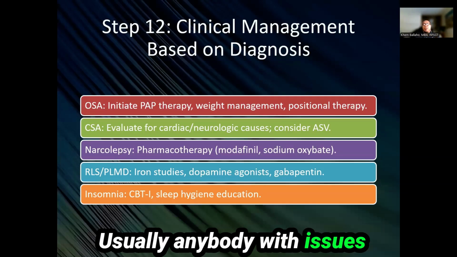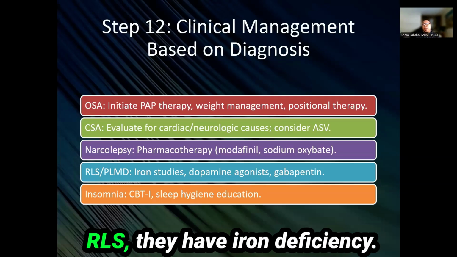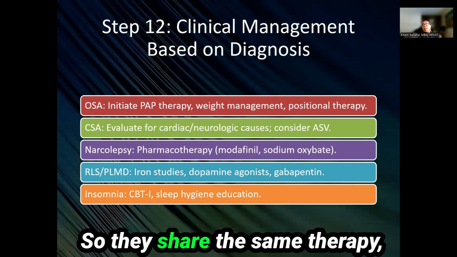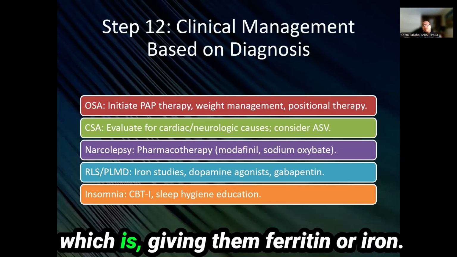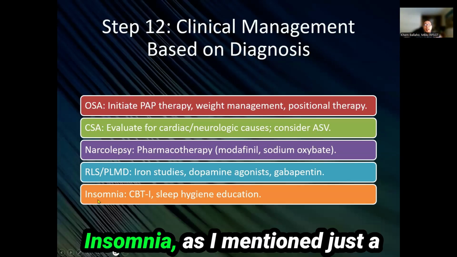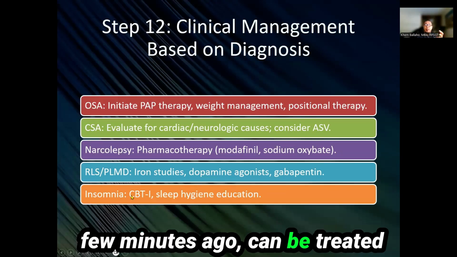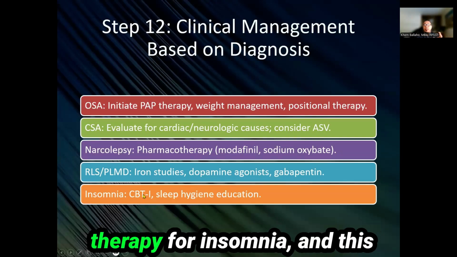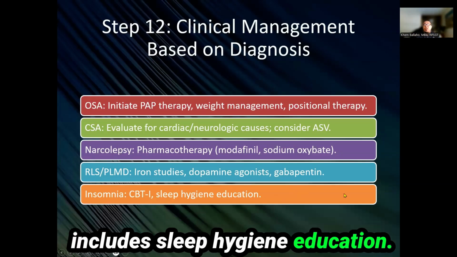Usually, anybody with issues with periodic limb movement or RLS, they have iron deficiency. So they share the same therapy, which is giving them ferritin or iron. And insomnia, as I mentioned just a few minutes ago, can be treated with CBTI, cognitive behavioral therapy for insomnia. And this includes sleep hygiene education.